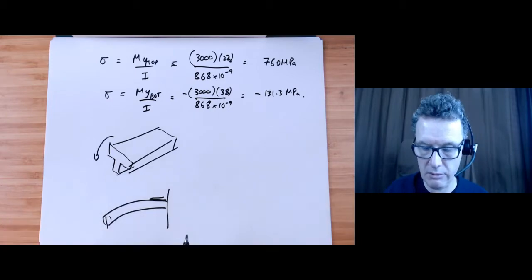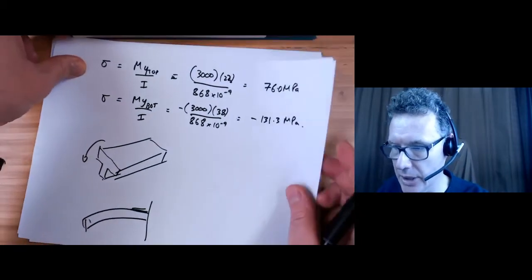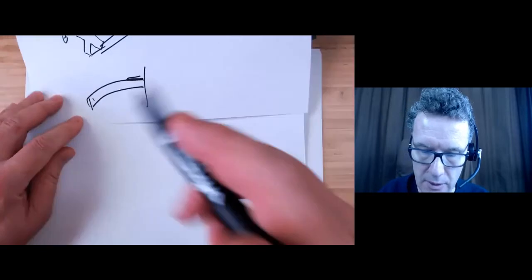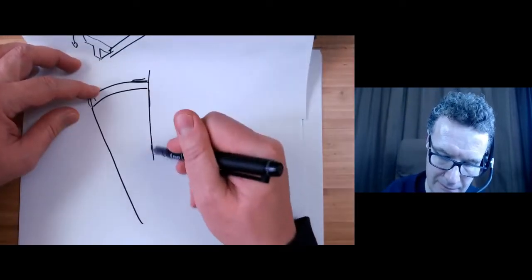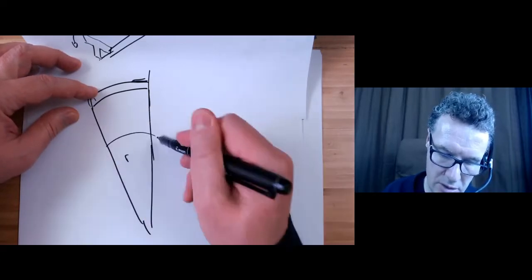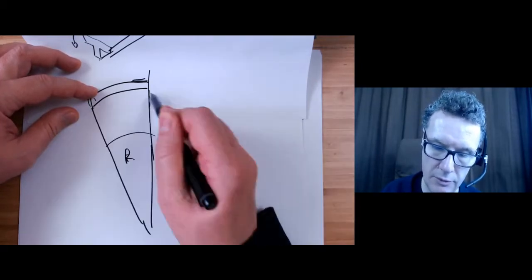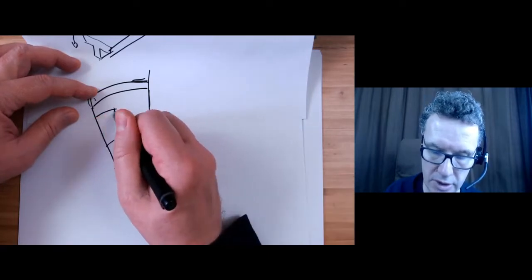Okay, it's come off my page, but that would mean that I could then try and fit a radius of curvature here through this. A big circle will go through this section here.